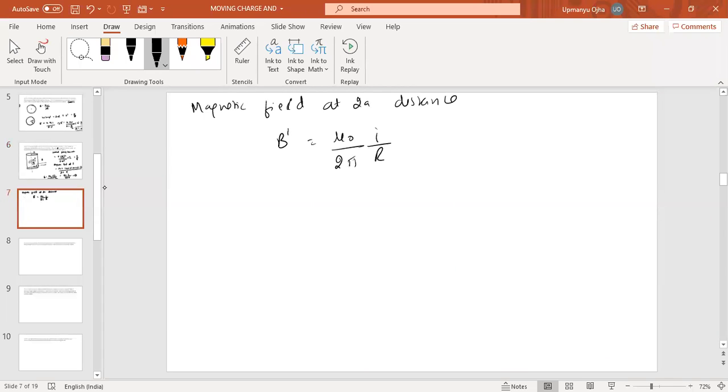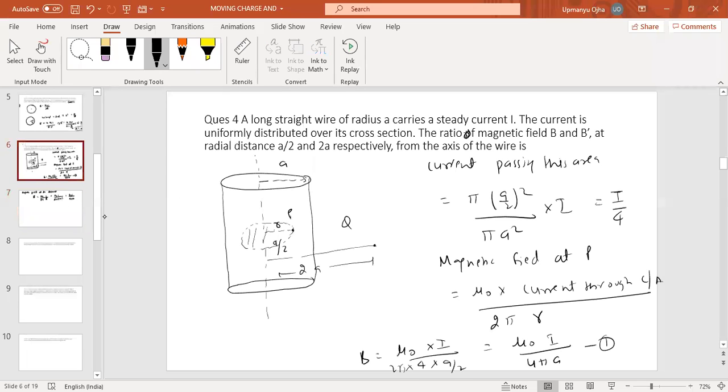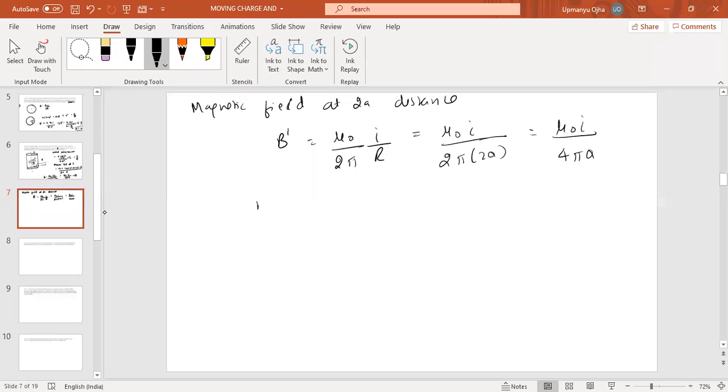Now r is the radial distance 2A, so we get B dash equal to mu naught I by 4 pi A. And B value we got as mu naught I by 4 pi A. So the ratio of B by B dash is 1:1. That is the answer.